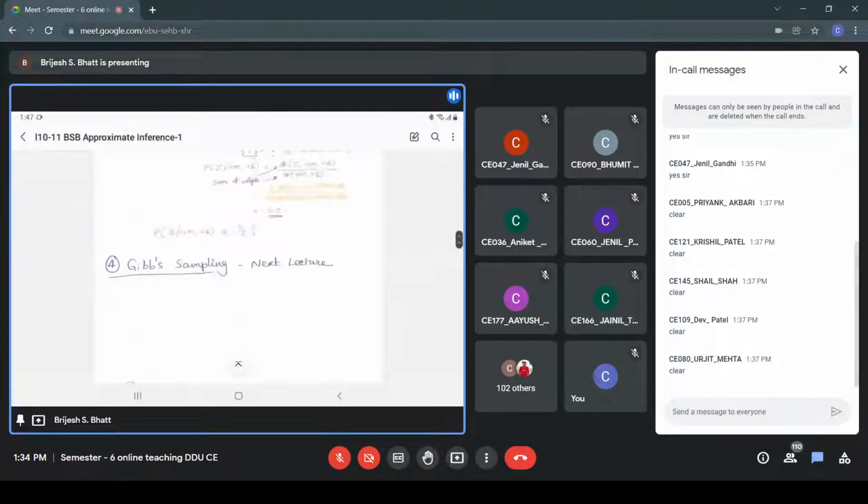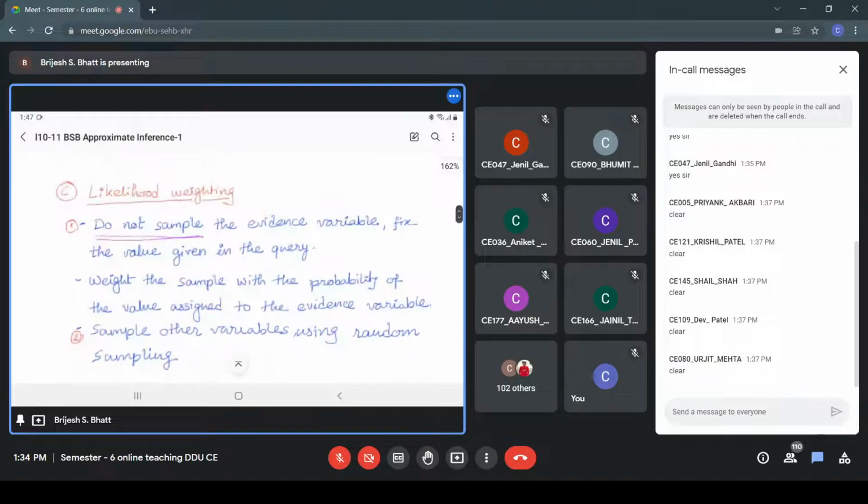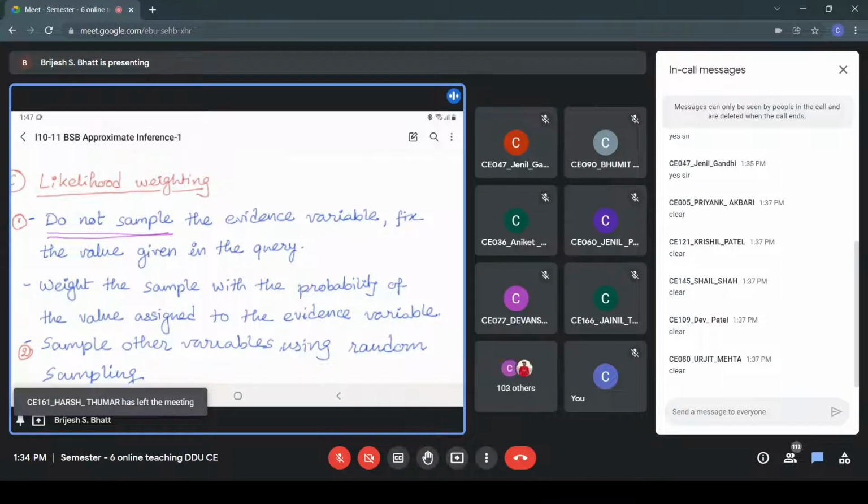The next technique that we want to discuss is called the likelihood weighting technique. The idea is that we know that if a variable value is not consistent with the query, then that sample cannot be used. So fix the value of the evidence variable as per the query.